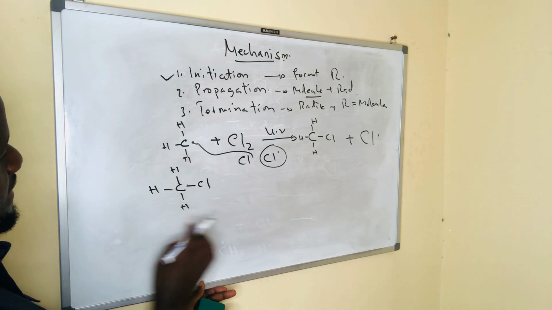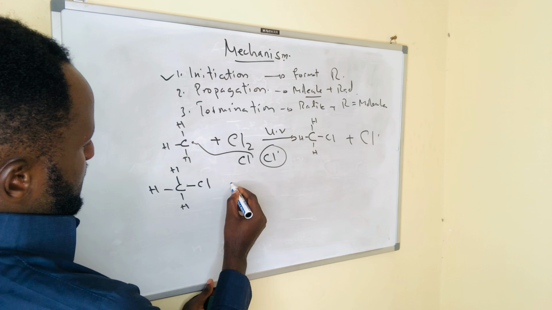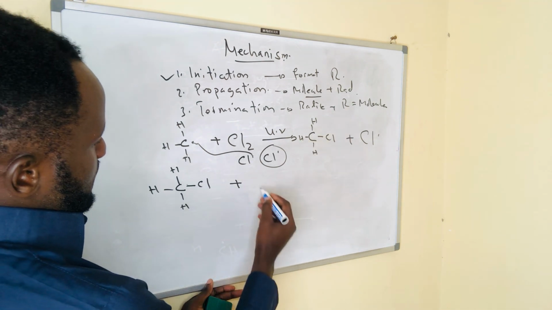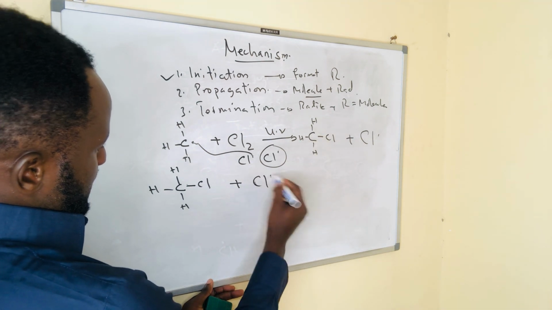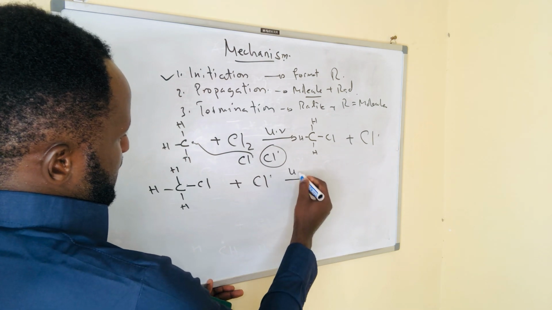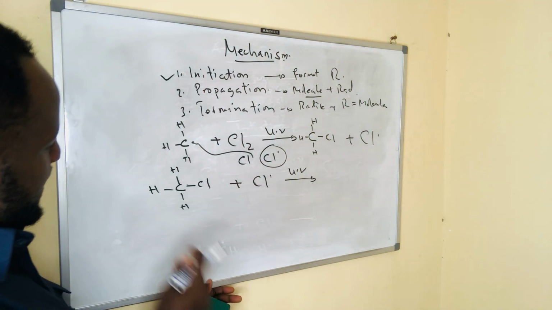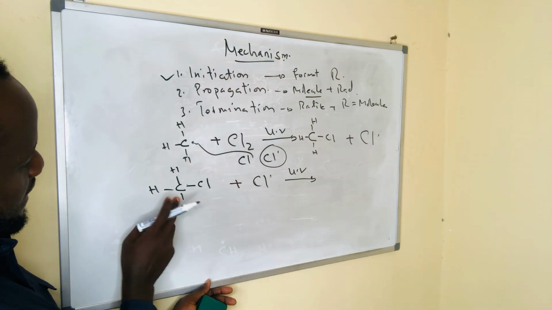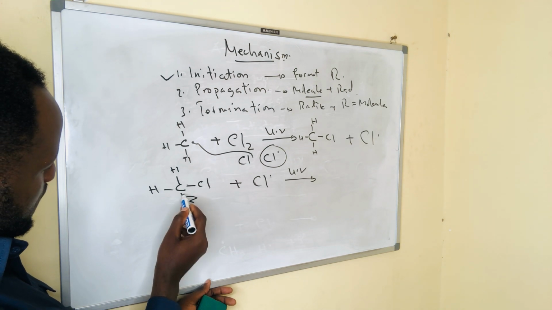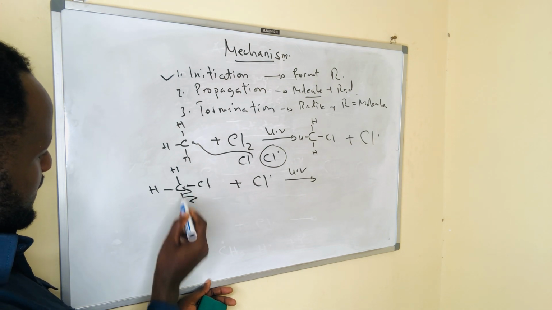So this one is a molecule plus radical. You take this one, and here you put in UV. And then now we are going to substitute this one. So we have to break this bond homolytically.